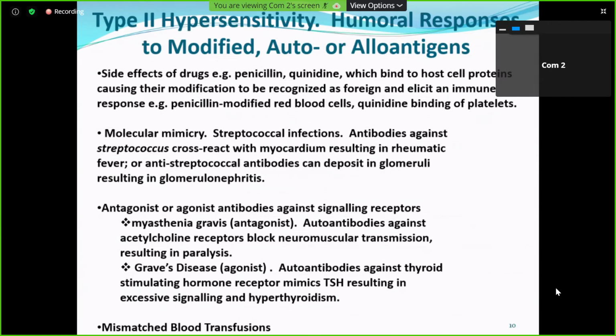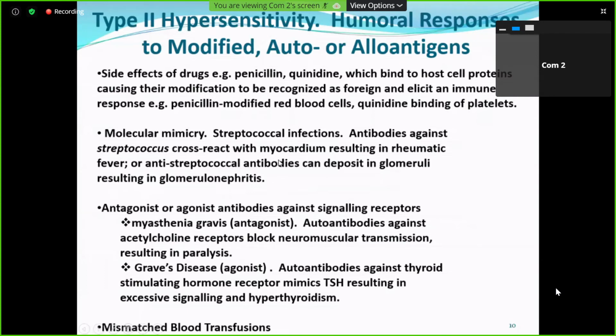And an example of this is this process called molecular mimicry, which I've talked about before, but I assume you've heard about this from microbiology lectures. So this is a case of cross-reactivity, where initially you get infected with streptococcal bacteria.